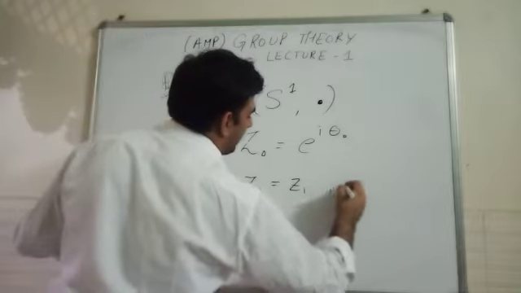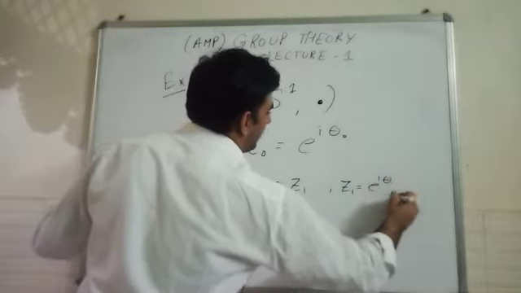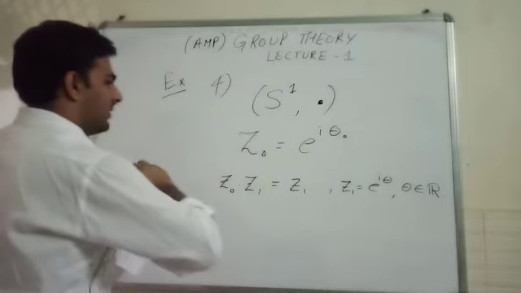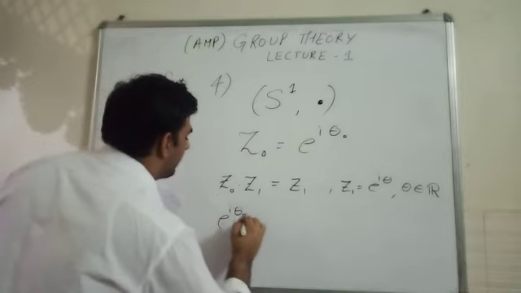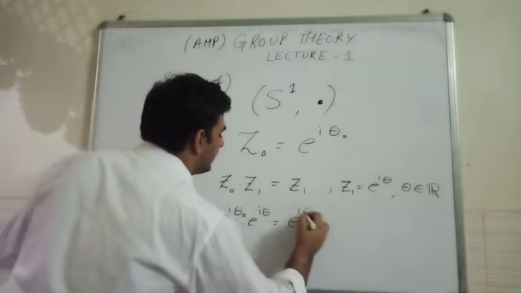Let z1 be e^{iθ}, where θ is in the reals. So if I multiply these two, e^{iθ0} times e^{iθ} equals e^{iθ}.